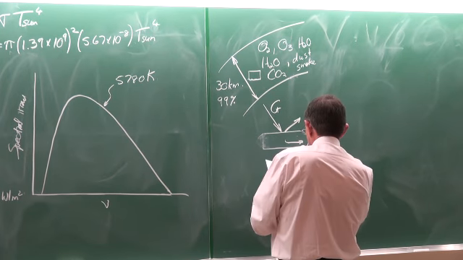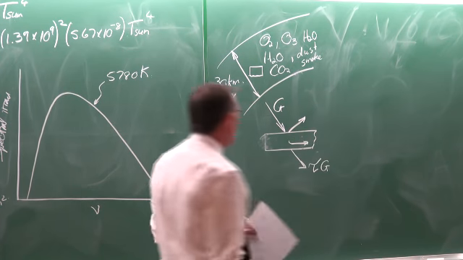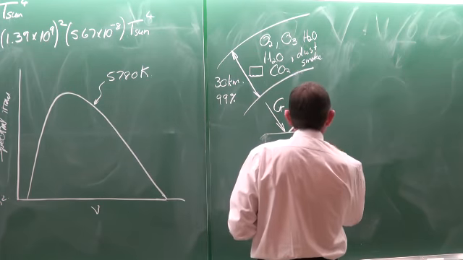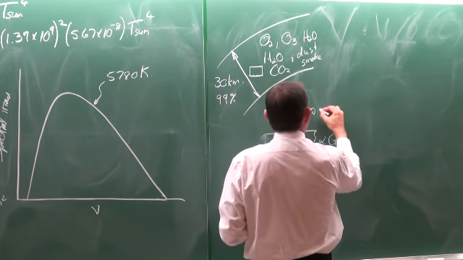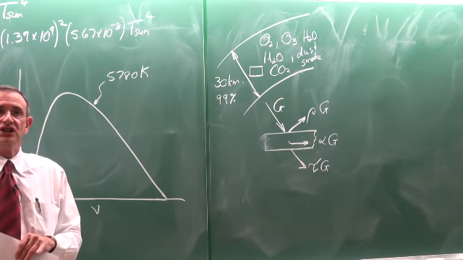The part that transmits right through would be equal to tau multiplied by G. The part being absorbed is alpha multiplied by G, and the part being reflected is equal to rho multiplied by G.